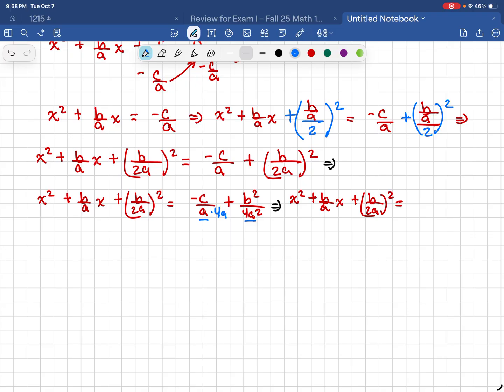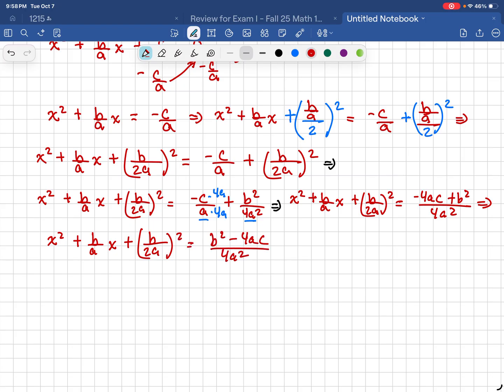So I'm going to multiply by 4a on both sides here. So this becomes negative 4ac plus b squared over 4a squared, which now becomes x squared plus b over a x plus b over 2a squared is equal to b squared minus 4ac over 4a squared.